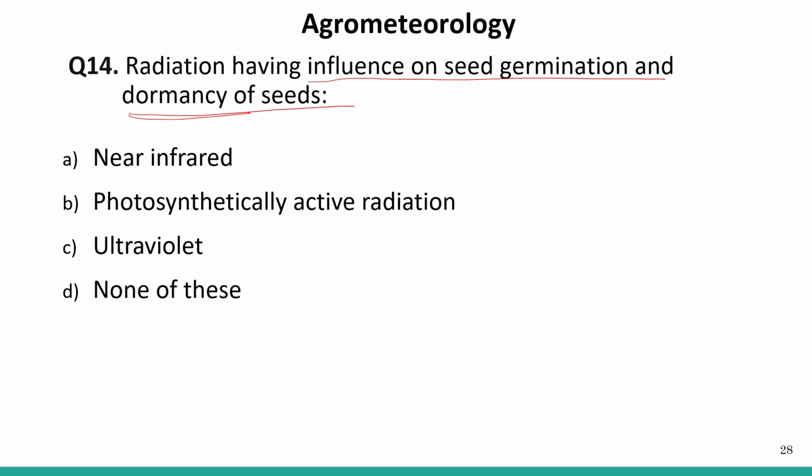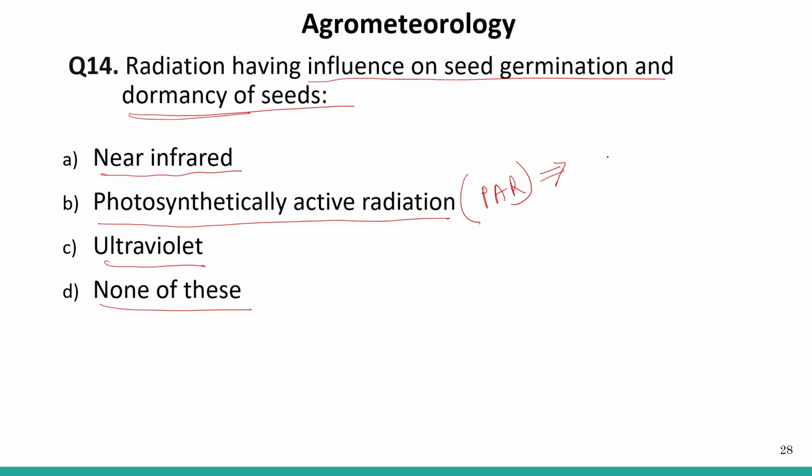Near infrared, photosynthetically active radiation, ultraviolet, none of these. So photosynthetically active radiation, PAR region, is not useful here because it is not a plant. They are not having any chlorophyll to absorb that particular wavelength, right? They are not having such a pigment in that form.